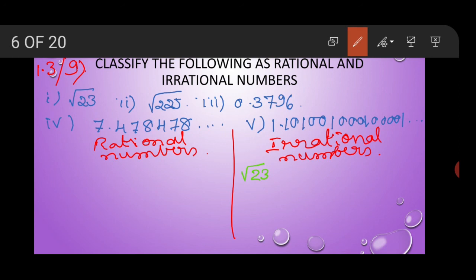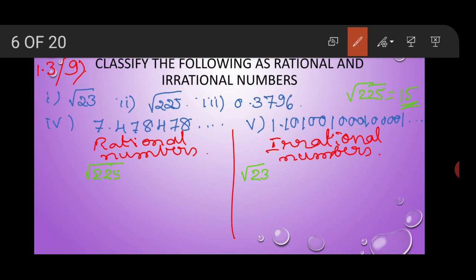It is not an irrational number. Why? Because root 225 is a perfect square. Root 225 is equal to 15. It is a natural number. Therefore, it is a rational number. Write root 225 under rational numbers.